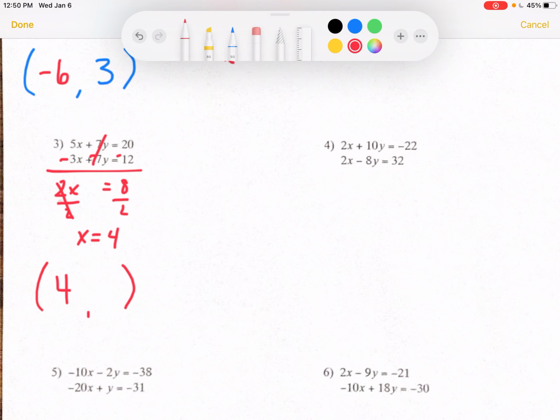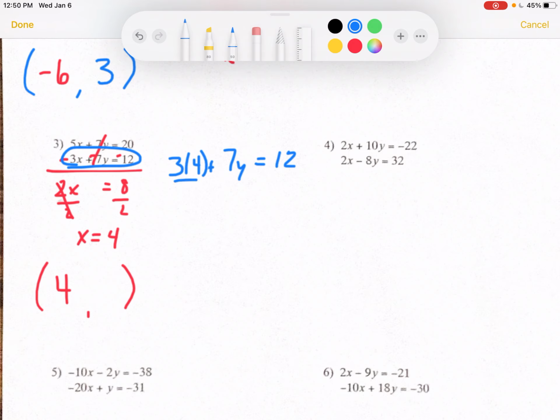So I'm going to go back, choose one of these equations again, and solve it out. So maybe choose this one. So 3x plus 7y equals 12. And I should have skipped the x part. I should have put in my 4 there. All right.